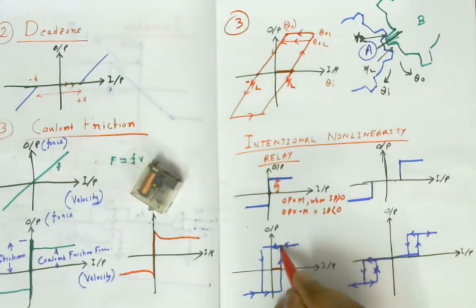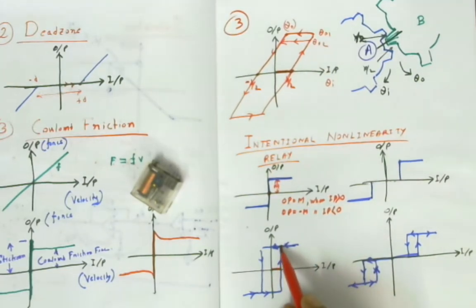Again, the relay energizing coil is connected to a variable voltage supply. Now you decrease your variable voltage supply. Say it is on at 5 volt, now you decrease from 5 volt to say 4 volt, 3 volt, 2 volt.